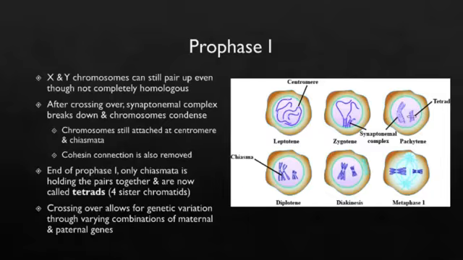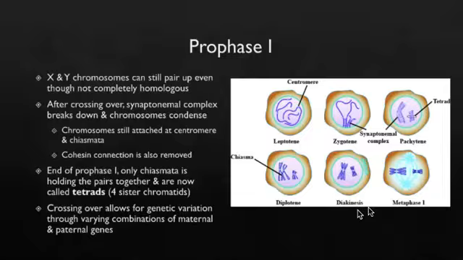So let's continue with prophase 1. I have some images here that walk through some of the steps we've already talked about, but even though the X and Y chromosomes are not completely homologous, they can still pair up during this stage. That's important for proper segregation that we're going to talk about later on.